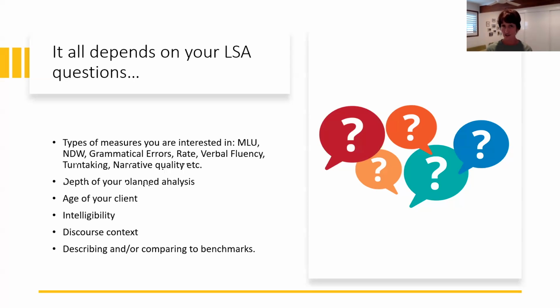It depends on the discourse context that's most relevant to the child that you're seeing, whether it's conversation, narrative, or persuasion. It depends on the child's year of schooling as well. And then whether you want to just describe the child's language performance, perhaps for measuring progress, or whether you want to compare that to benchmarks.